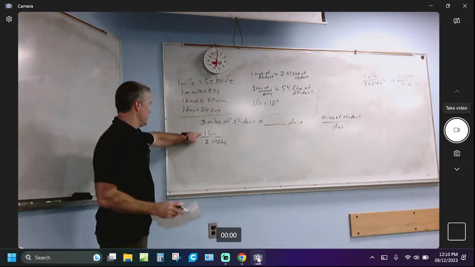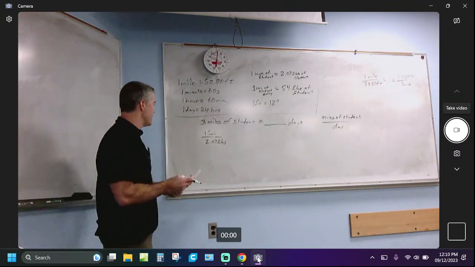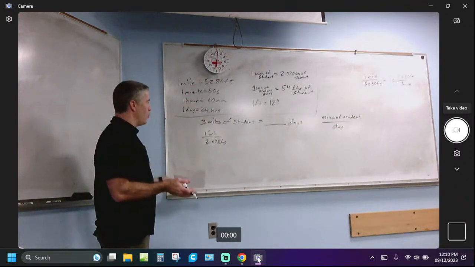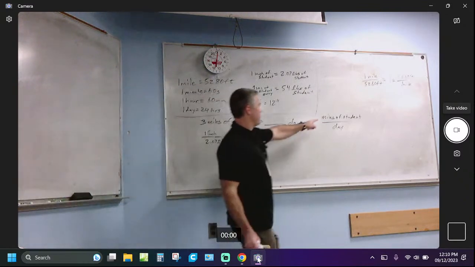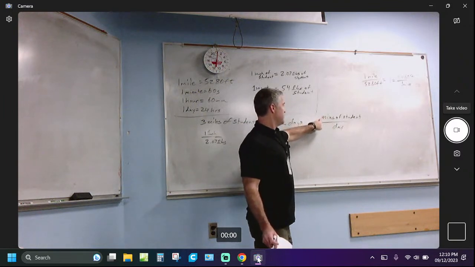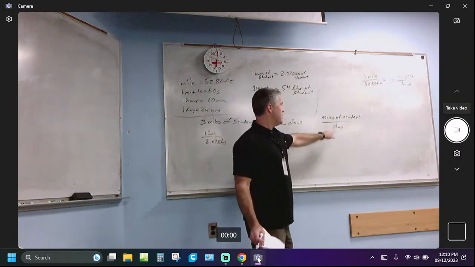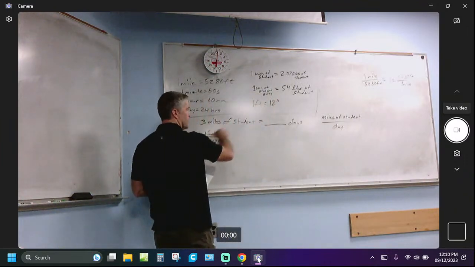So these are equivalent. One inch section of a student should be about 2.07 pounds. So right now I've got something that's 1. And when I'm all done, I'm going to get another fraction that's basically 1. I'm going to find out how many miles of students are equal to how many days. So I've got inches, I want to get to miles.